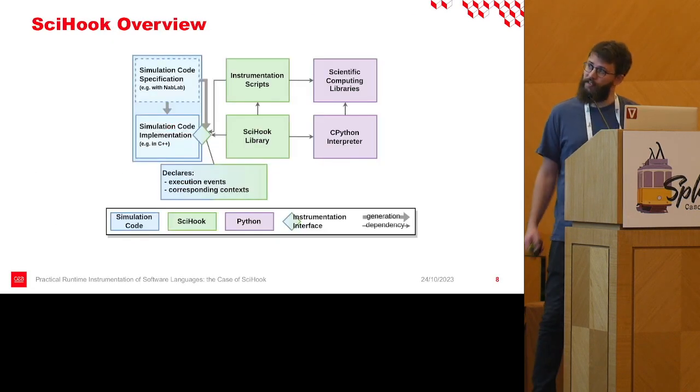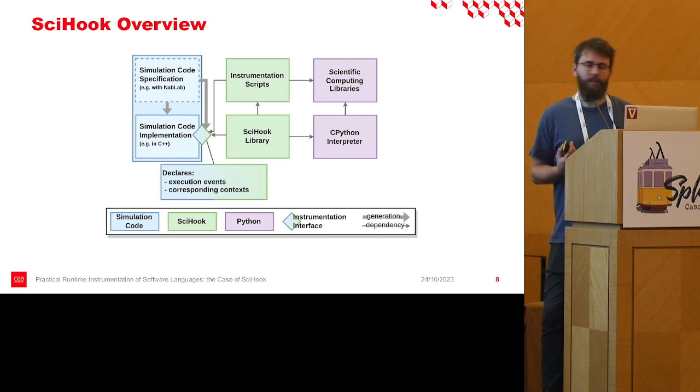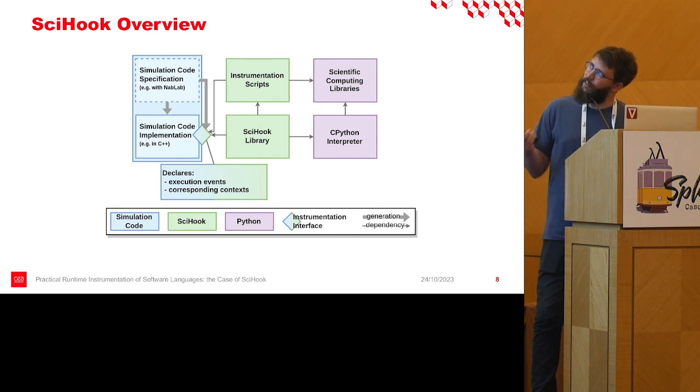So we instantiated this approach with SciHook, specifically on NabLab in the first time. And so this here is an overview of how SciHook works and how it instantiates this approach. Here on the upper left, we have the specification of the simulation code, which is typically, in our case, written in NabLab.